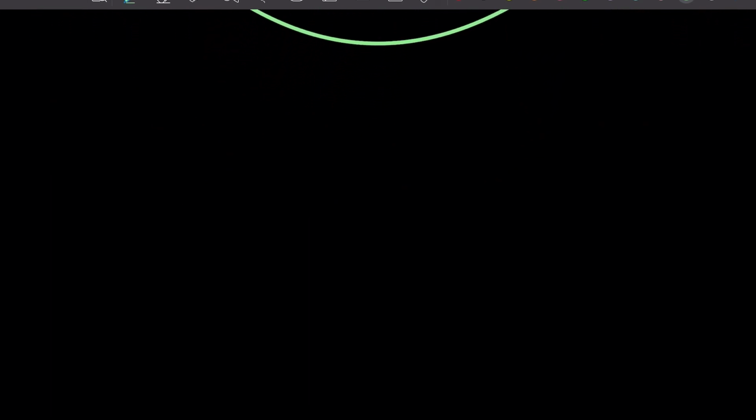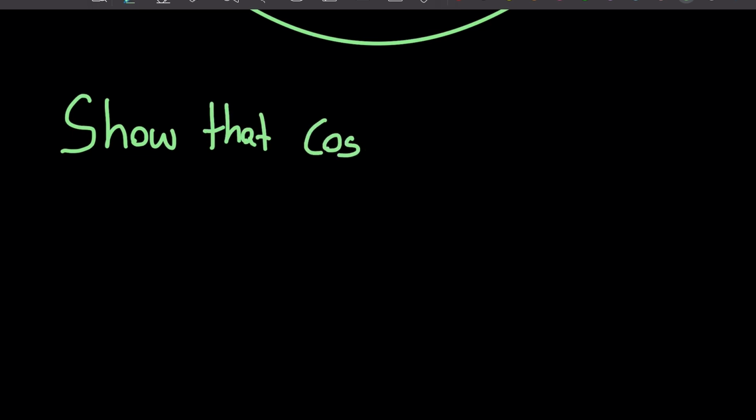So let's say we had a question and it said, show that cos of (pi over 2 plus x) is equal to minus sine x. Well, how would we do this? So we want to expand it using the expansion that we just learned.